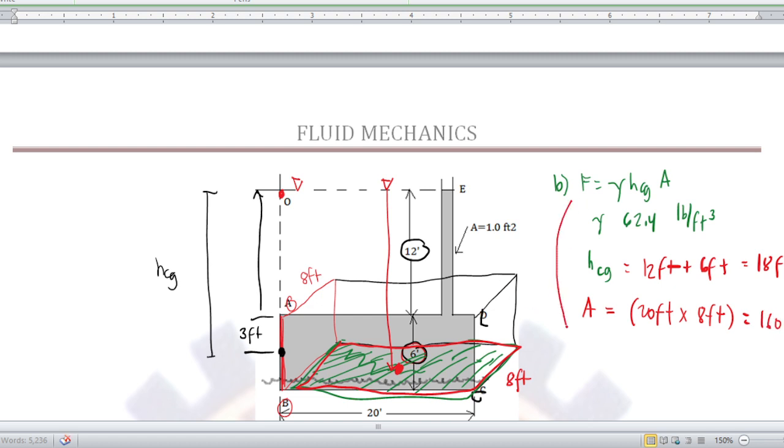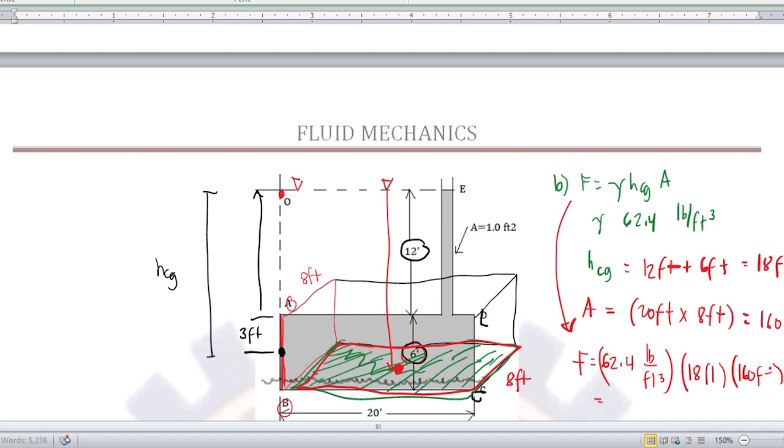And therefore, substituting here, we have F is 62.4 pound per cubic foot times 18 feet times 160 square feet.